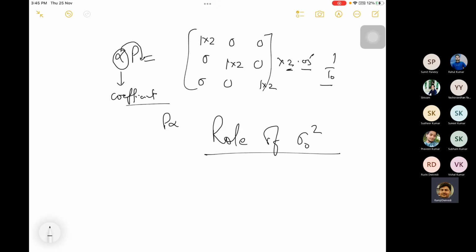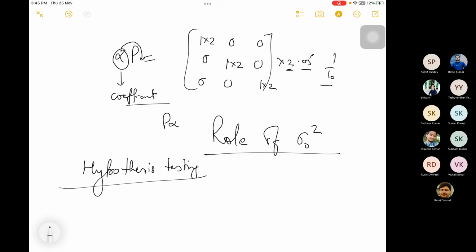Second is hypothesis testing. I'll discuss more about hypothesis testing in today's lecture, but let me just clarify certain things. So hypothesis testing is just part of statistical testing.